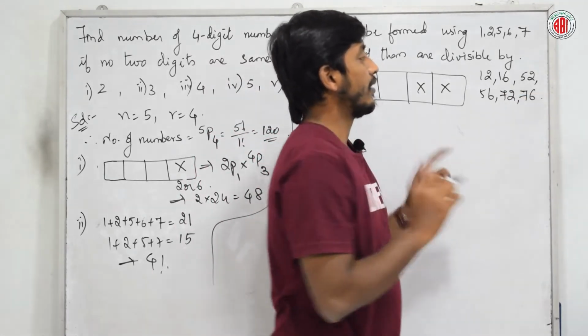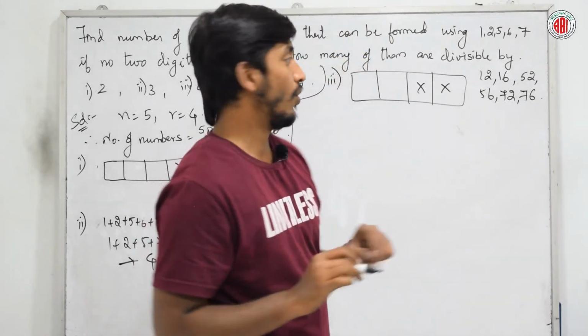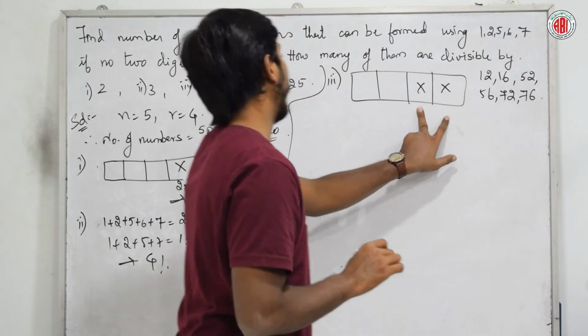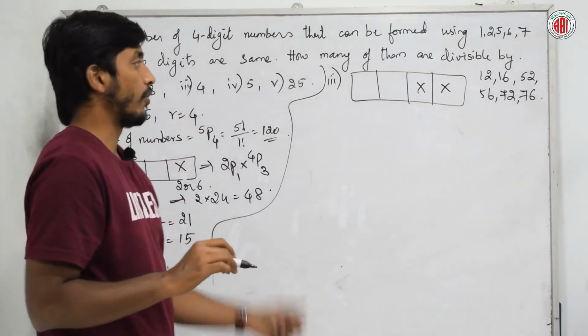That is the maximum we can get. So these are the 2-digit endings by which the number is divisible by 4.